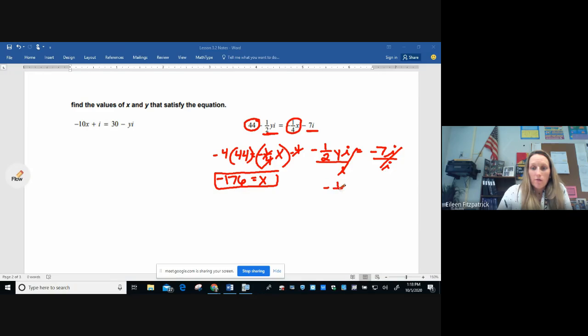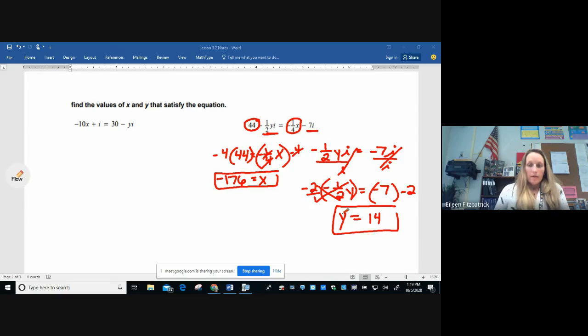So I have negative 1/2 y equals negative 7. I'm going to multiply both sides by the reciprocal, which is negative 2. So negative 2 times negative 1/2 is a positive 1. So you have 1y equals 14. All right, let's keep on moving.